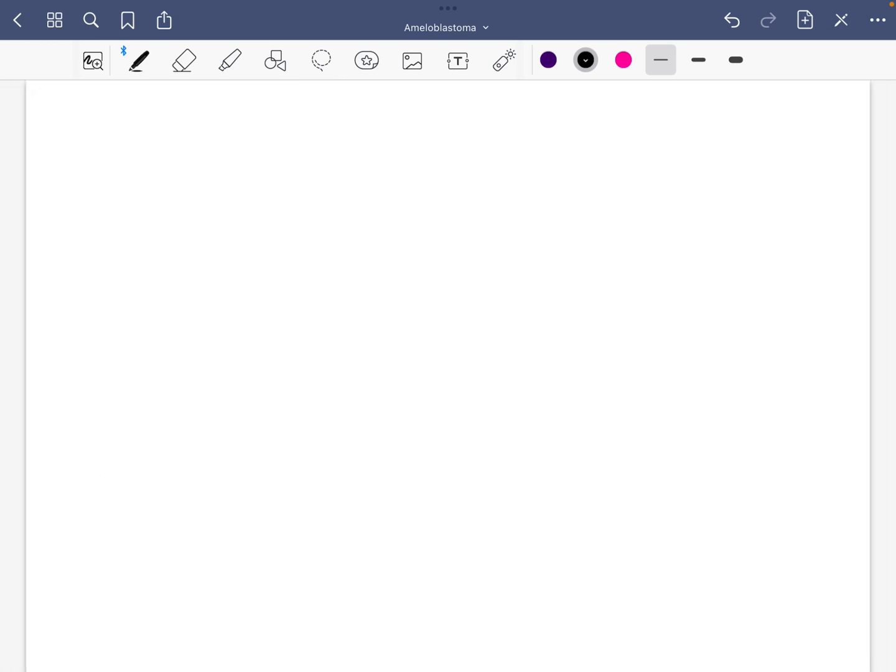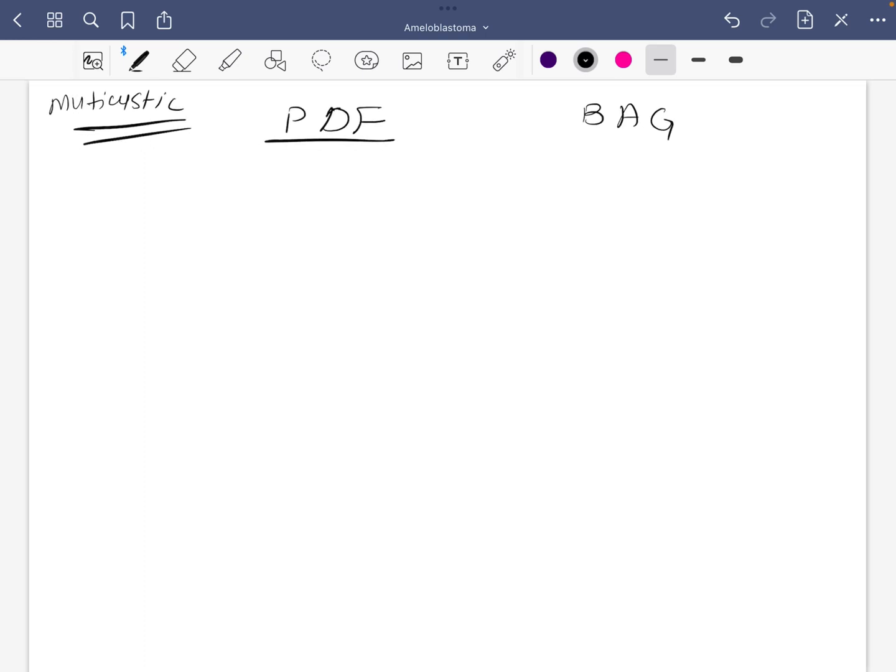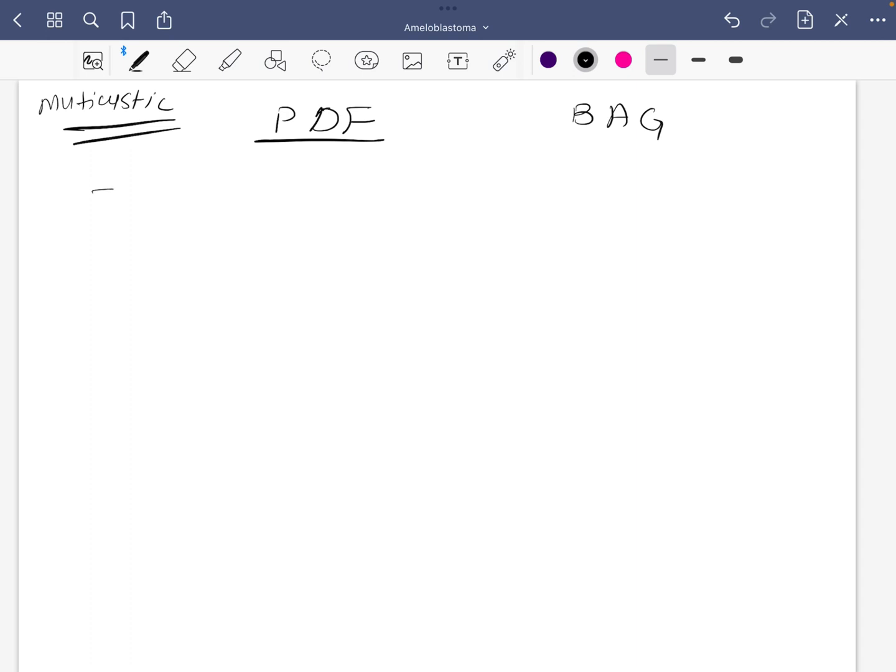Okay, so I'll give you a very simple mnemonic to remember them. For multicystic, you just have to remember PDF BAG, PDF BAG. How are they different? Let me tell you.